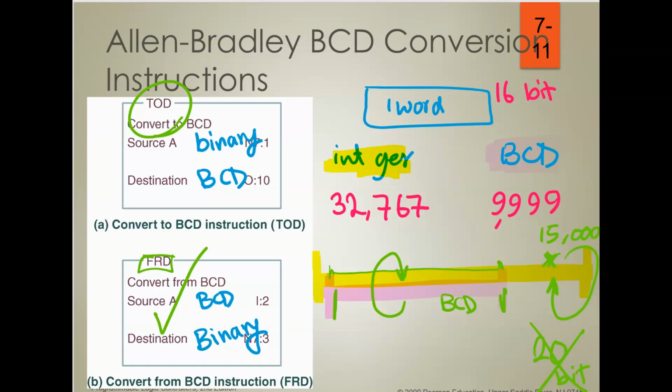So this particular instruction you need to be a little bit more careful with, because you might receive a red flag if you choose a 16-bit binary number which has a decimal value greater than 9,999.